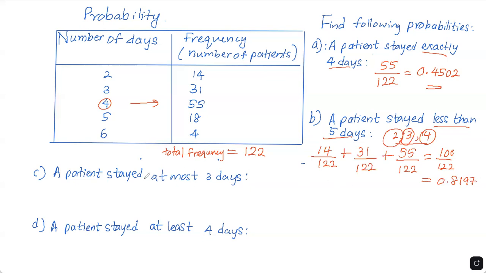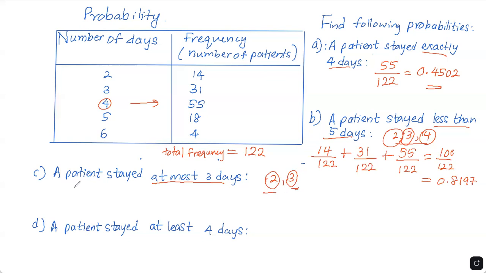And then let's look at part C. We have to find the probability a patient stayed at most 3 days. What's the meaning of at most 3 days? That means 2 and 3, right? At most 3 days. So then you have 2 events in this problem.